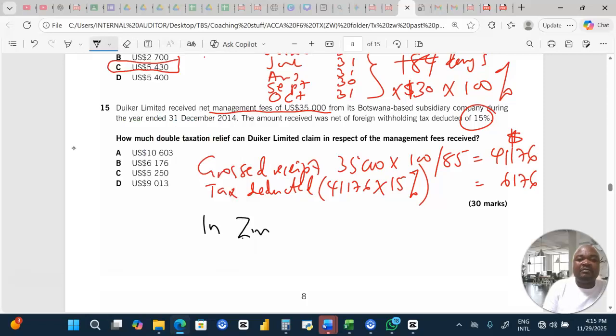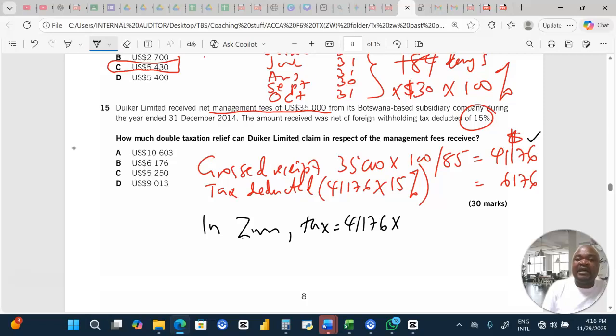In Zim, the tax would be what? Tax is equal to 41,176, which was the amount. We are using the gross amount of the receipt multiplied by the tax rate for companies.